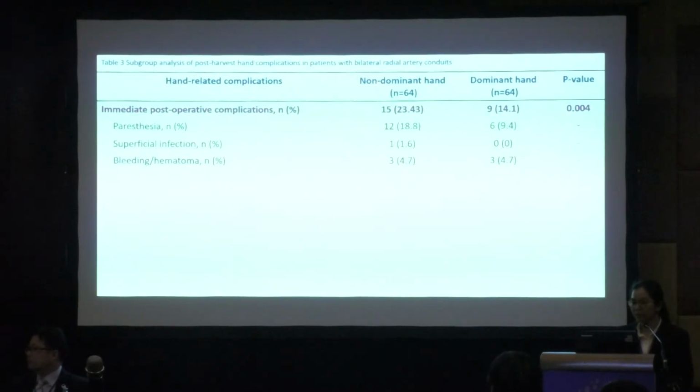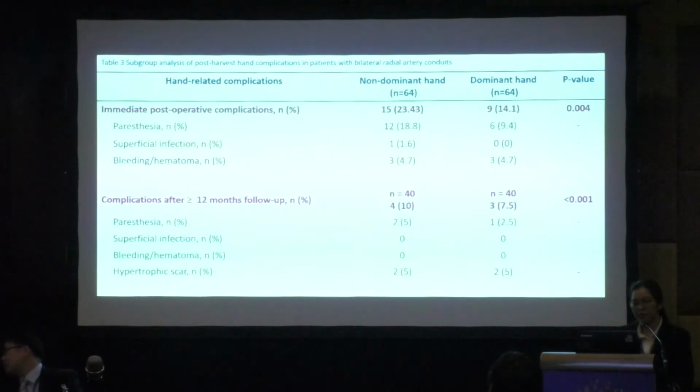Subgroup analysis of post-harvest hand complications in the bilateral radial artery group demonstrated 15 patients developed complications in the non-dominant hand, which were significantly more than 9 patients who developed complications in the dominant hand at the immediate post-operative period, and also the same after follow-up.